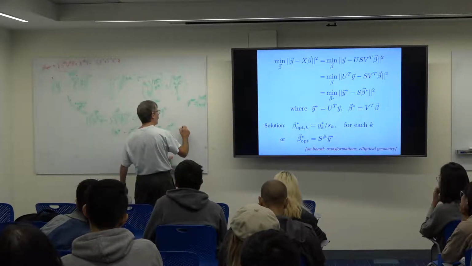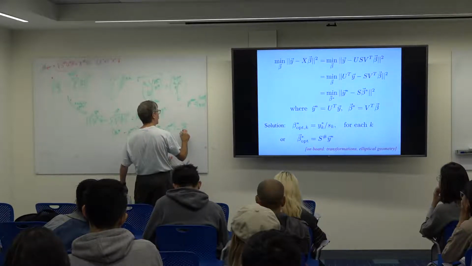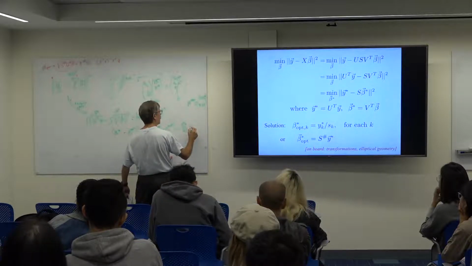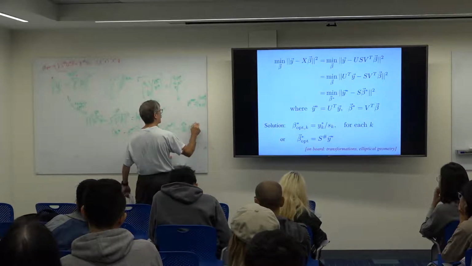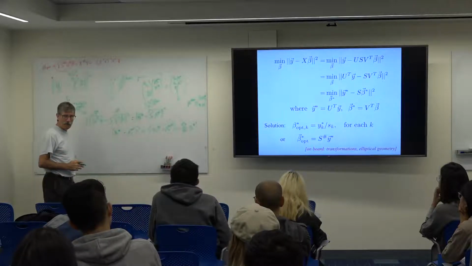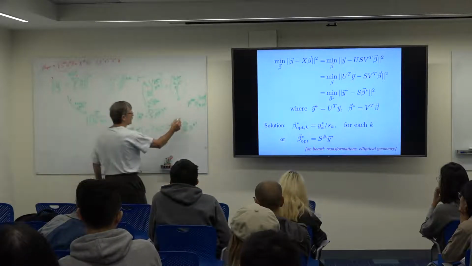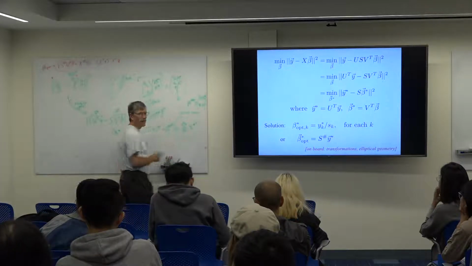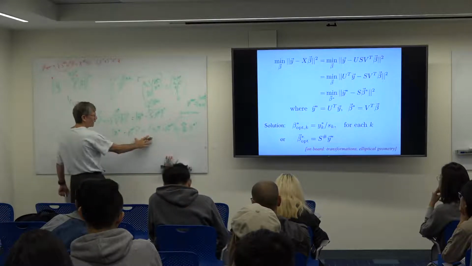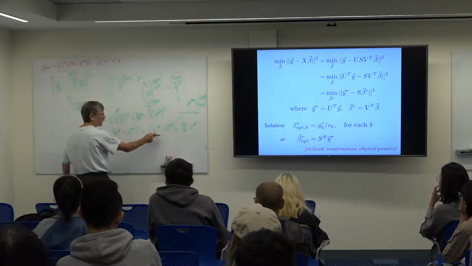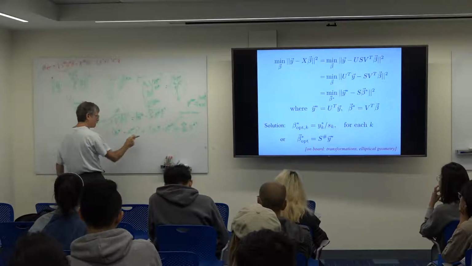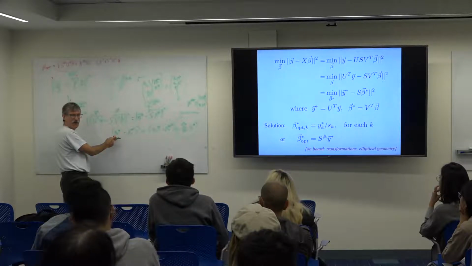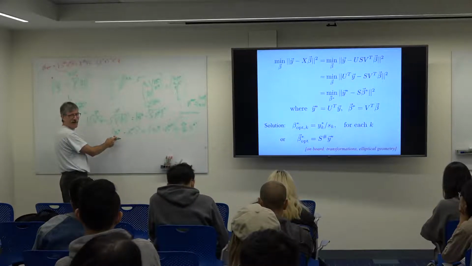So then you get the sum from i equals 3 to n of yi star squared. Okay? That's just writing it out. This is irreducible error. It's error that you can't fix. And this is the error that you can fix if you set beta 2 double star equal to y2 star. And if you set beta 1 double star equal to y1 star, you get that part of the error down to 0.